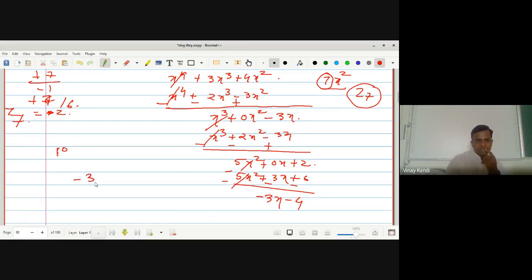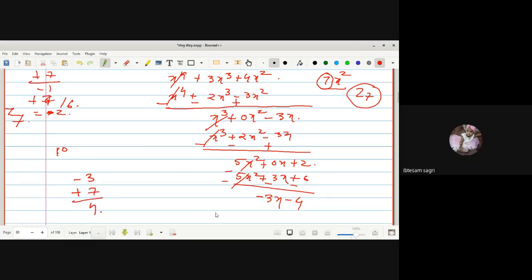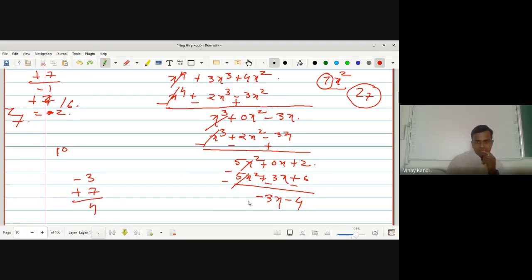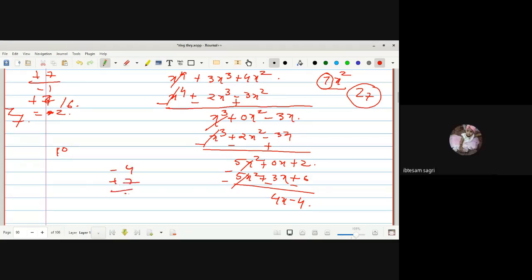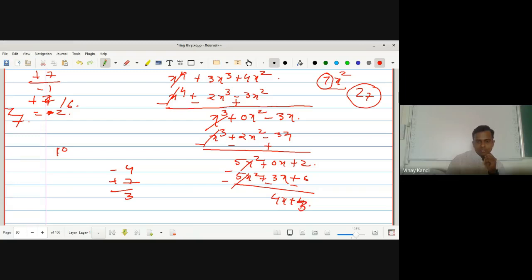Okay, minus 3 कोणाला equivalent आहे? 4. So here we write 4x minus 4. Okay, minus 4 कोणाला equivalent आहे? +3. म्हणजे इथं प्लस लिहायचं. So this is our remainder. किंवा 4x minus 4 लिहिलं तरी चालेल, काय अडचण नाही.